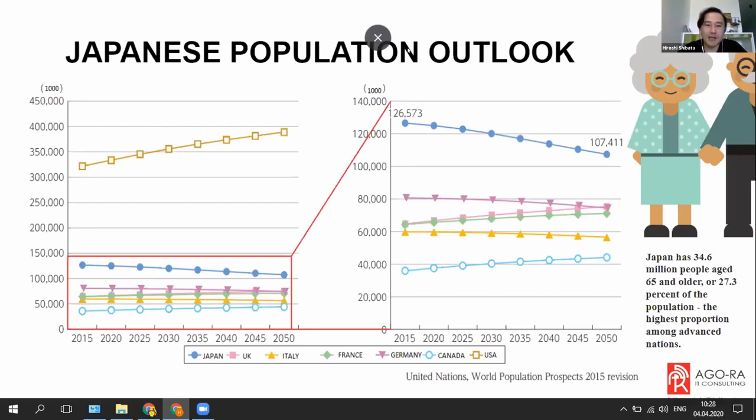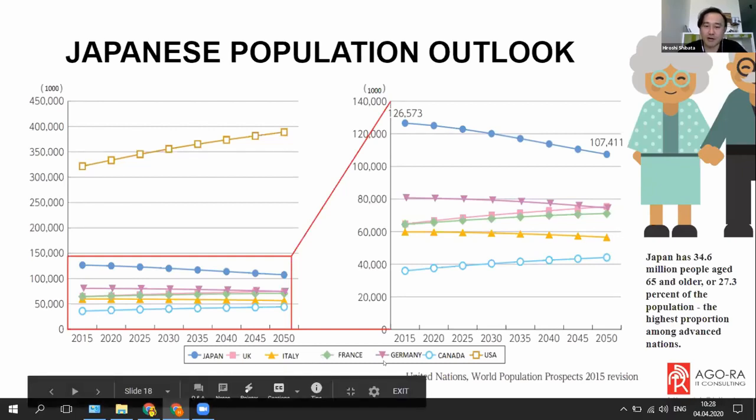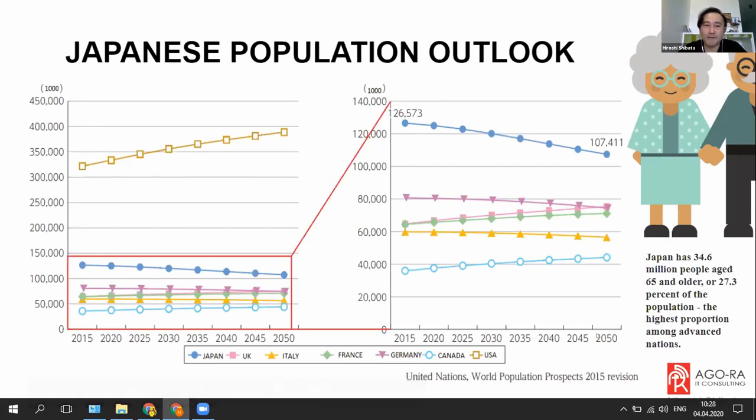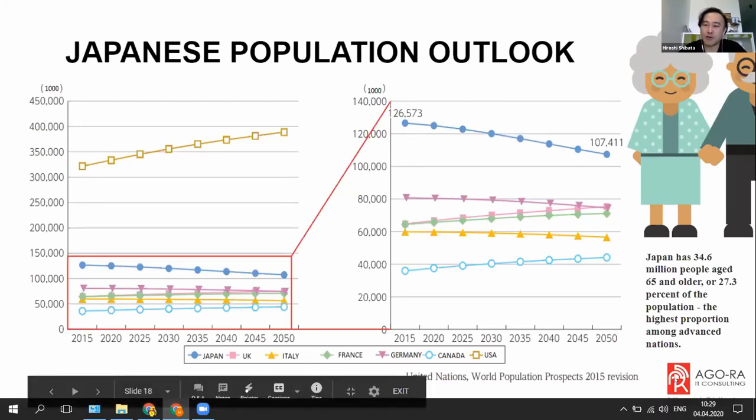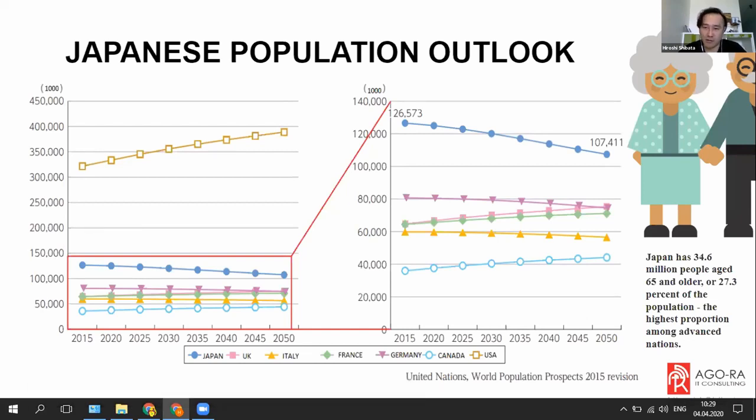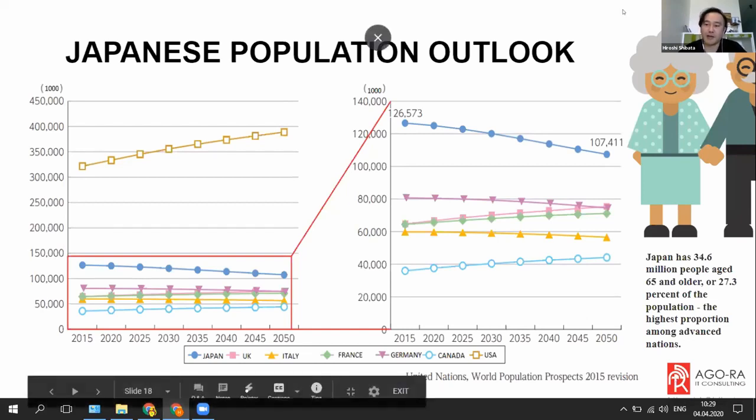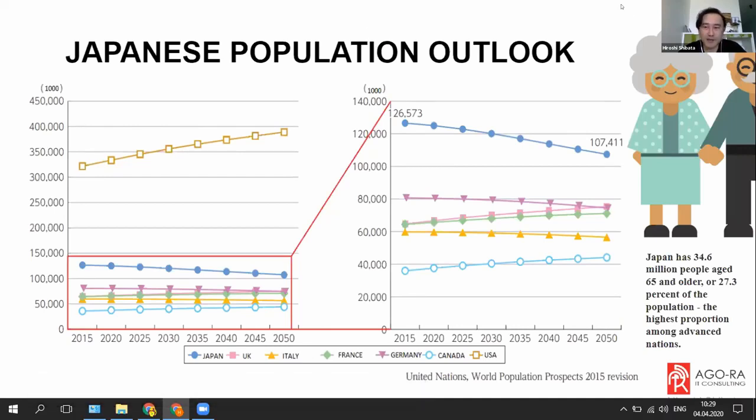other countries have already gone through this: the UK, Europe, the USA. You can see we have a significant number of older generation, and 34.6 million people are aged 65 or older, and that is a really high proportion of the population.